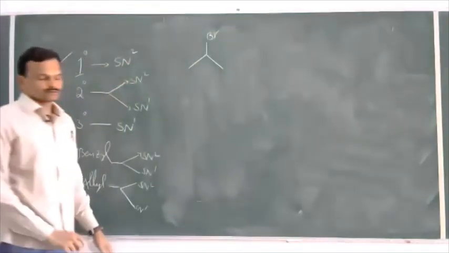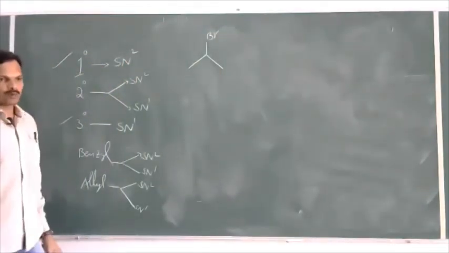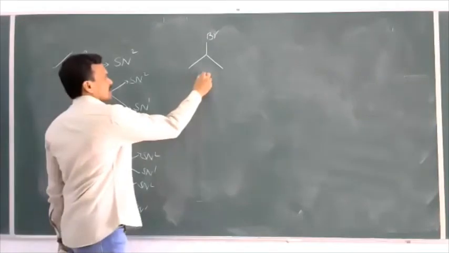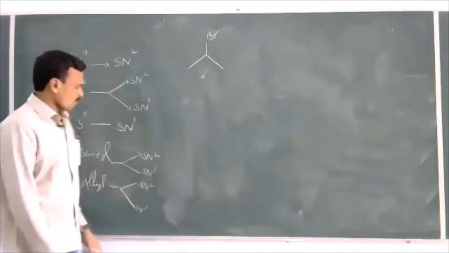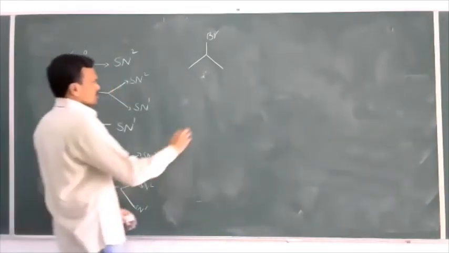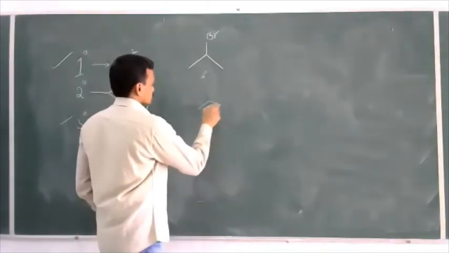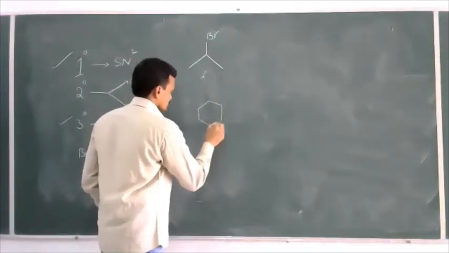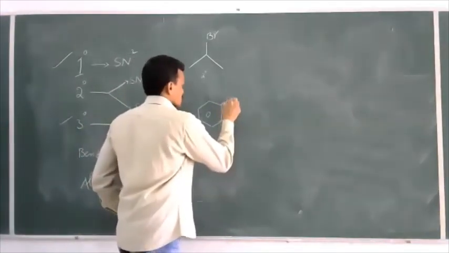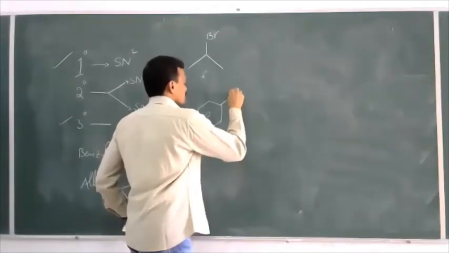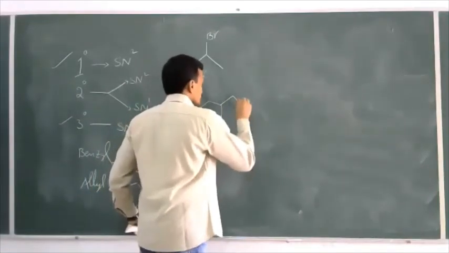Br. This is nothing but isopropyl bromide. This is a secondary haloalkane. Benzyl, C6H5CH2Br.